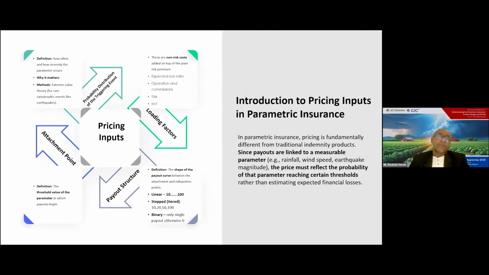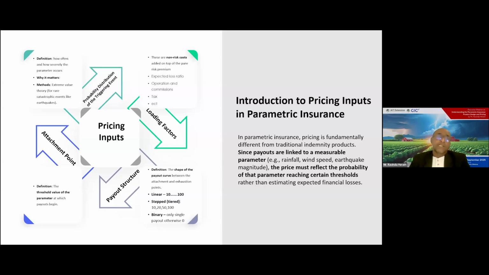The probability distribution mainly depends on deciding the basic risk premium, because we need to analyze how this frequency is arranged, right? How this probability looks in the past 30 years or 20 years, because we need to apply extreme value theory for this.